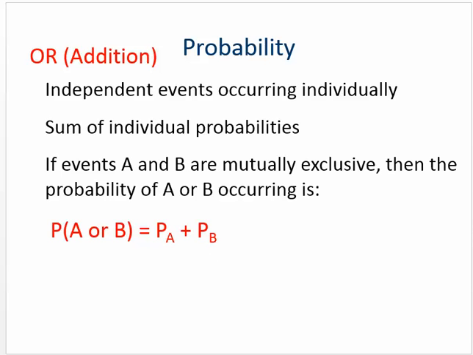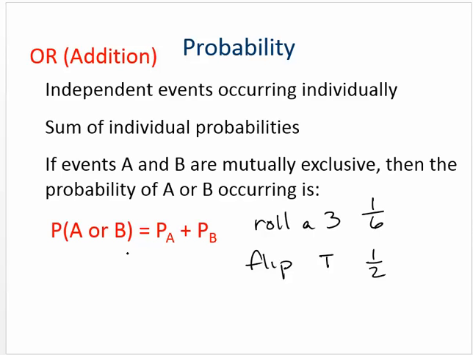So an example of this would be rolling a 3 and flipping a coin and getting it tails. Well, that is 1/6. A 3 happens one time out of the 6 sides. A tails is 1/2. So we're going to add these two. An "or" statement, once again, we're saying rolling a 3 or flipping a tails.